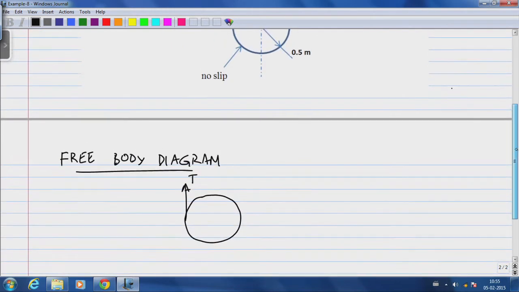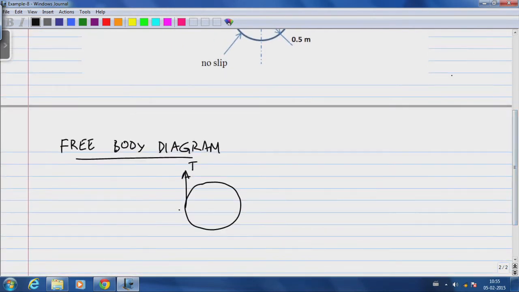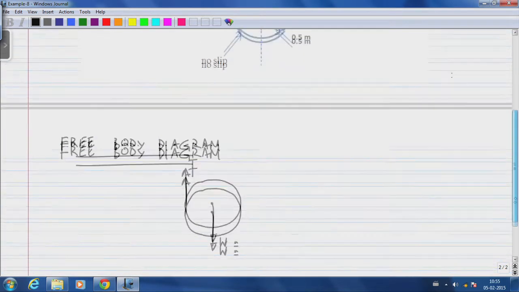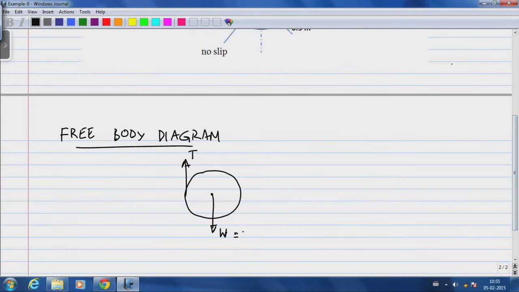So, the cable is now removed. The cable exerts a force T, which is the tension in the cable, in an upward sense, and the gravitational pull is also removed, and that results in a 64 Newton force acting through the mass center. These are the only two forces acting on the body.